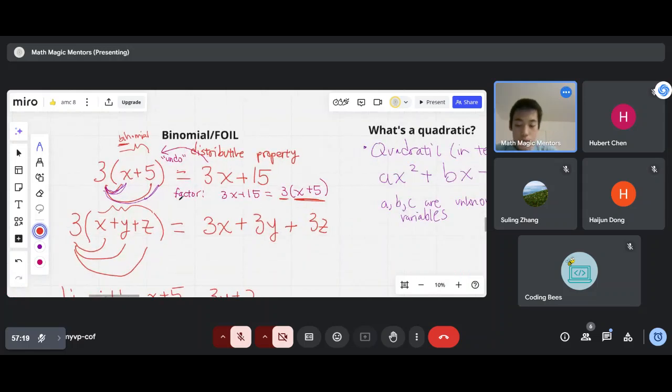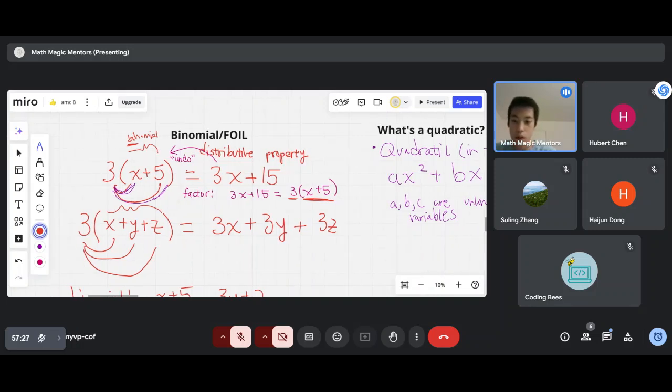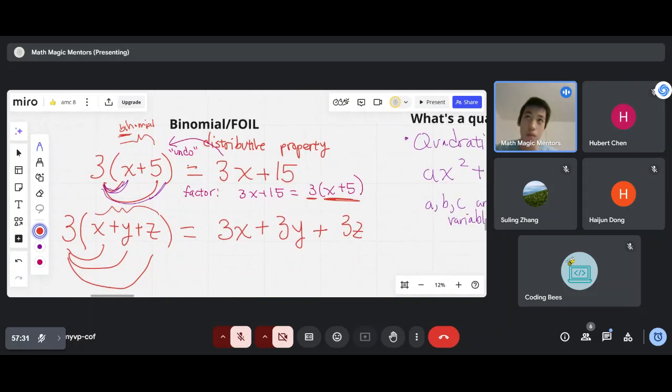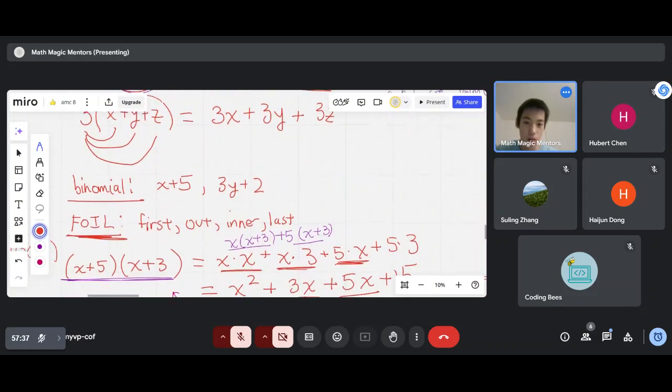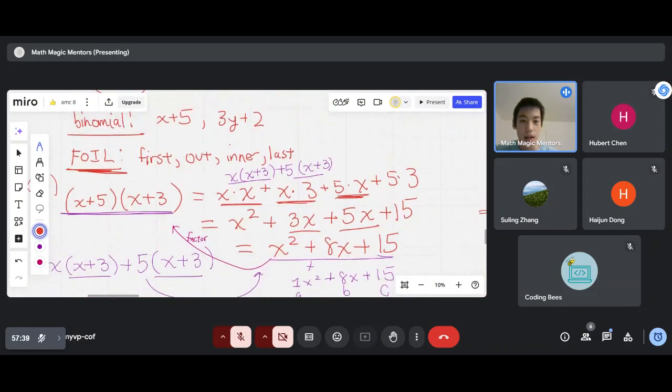We covered the distributive property, how to multiply expressions with more than one term, where each term in one expression multiplies each term in the other.